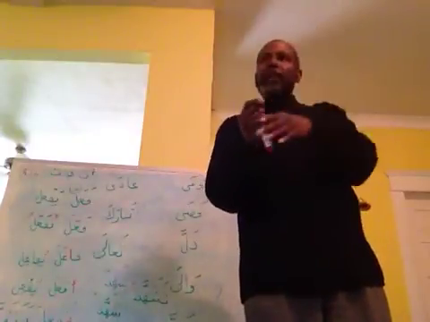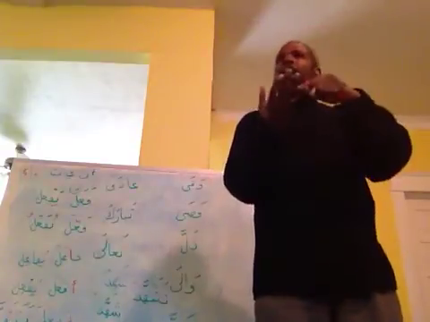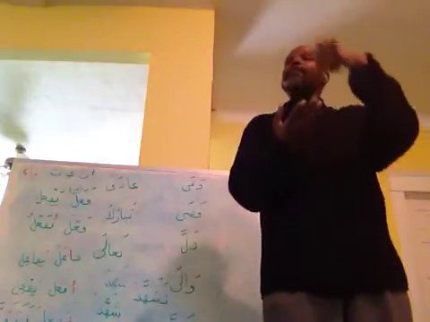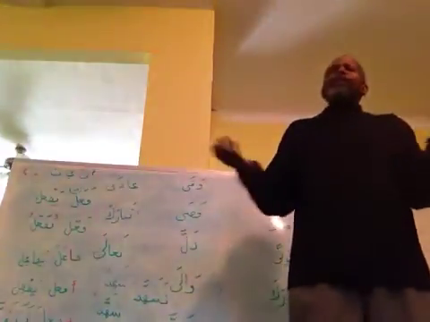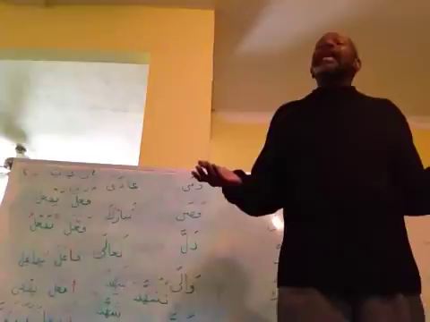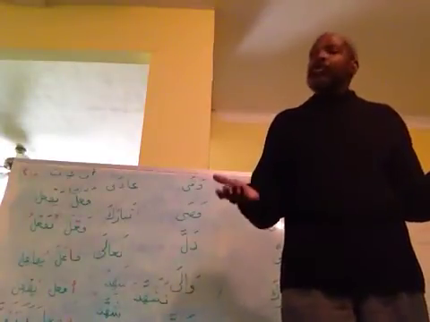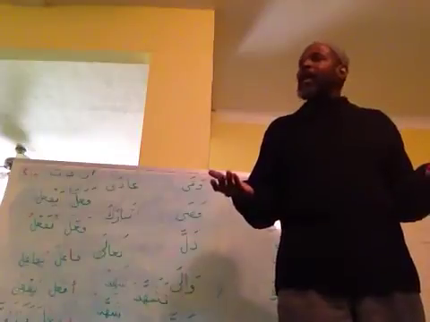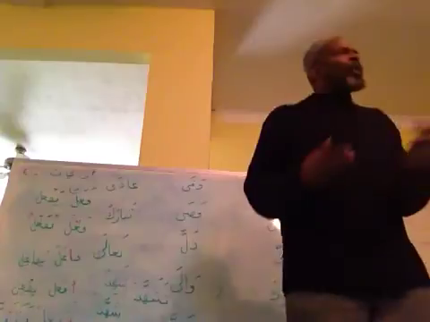Now, when we go to the second person, katabta, katabti, katabtuma, katabtum, katabtunna. The verb is mabni on what now? Mabni ala what?